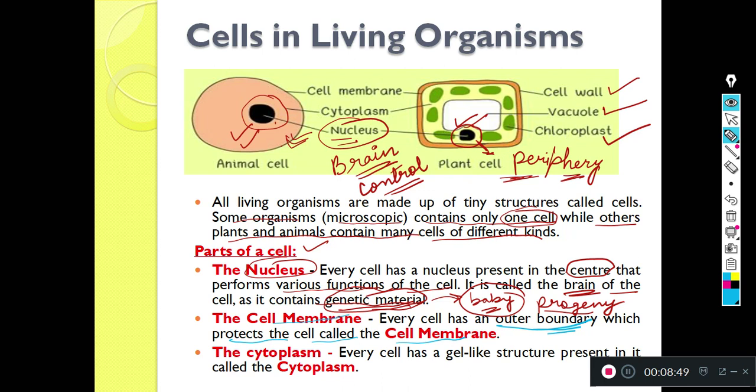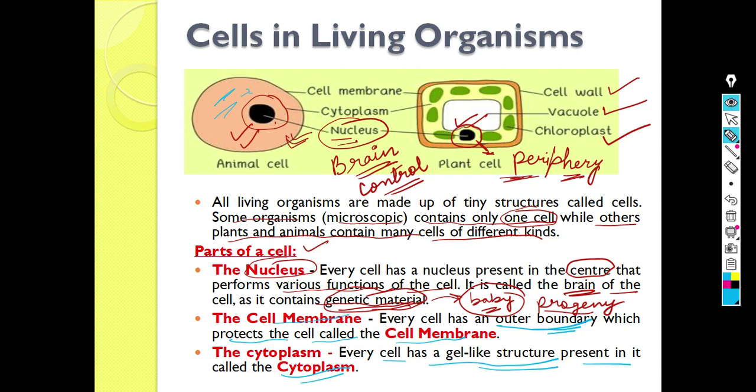Cytoplasm. What is the meaning of cytoplasm? Every cell has a gel-like structure present in it, which is called cytoplasm. Why is a gel-like structure required? Because in this gel-like structure, everything is embedded. For example, when you eat jelly, there are small things sprinkled inside it.